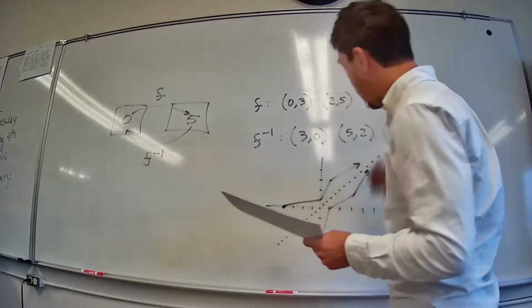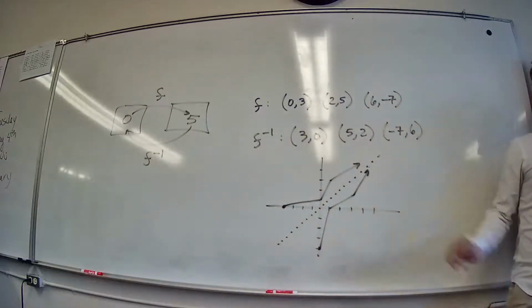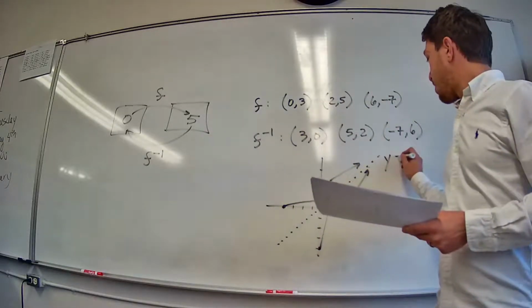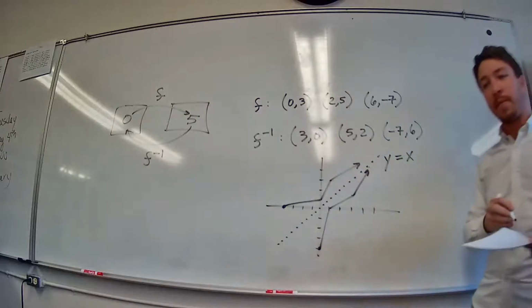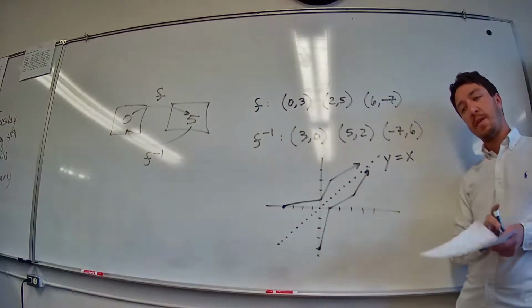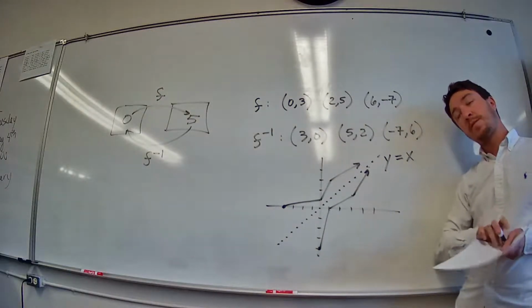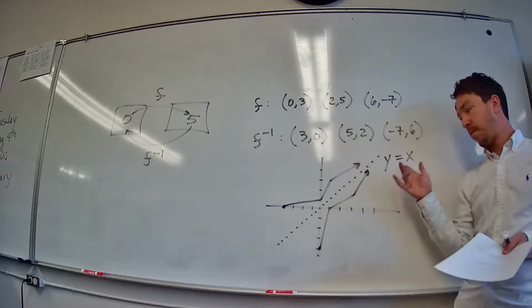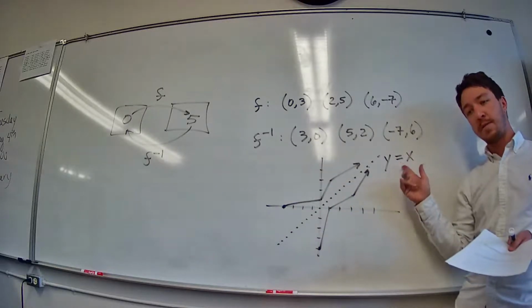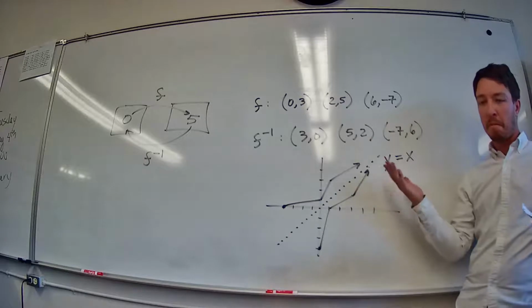It's a mirror reflection. So it's a reflection over the line y equals x, which I hope makes intuitive sense: swapping the x and y's corresponds to reflecting over the line where all the x's are equal to the y's.